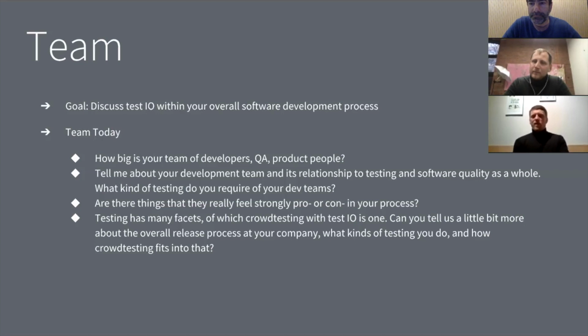What we automate in the UI is just the most important happy paths. All the other UI tests we are doing manually, or with the help of Test.io, with the help of the crowd.